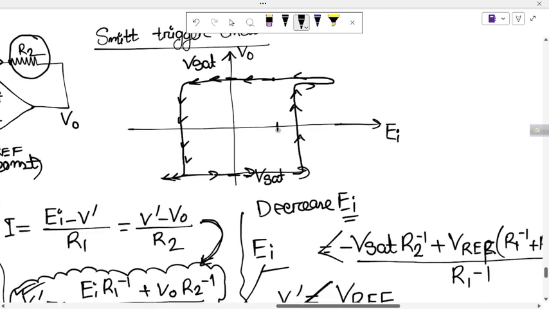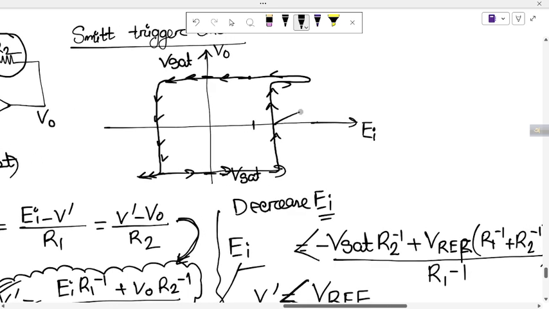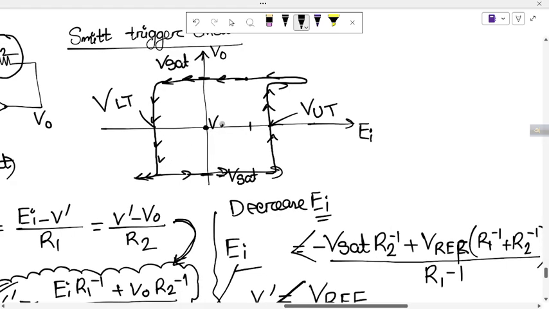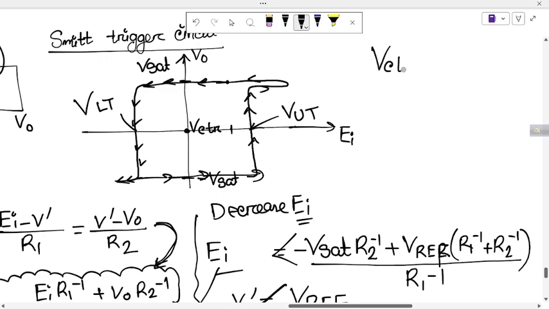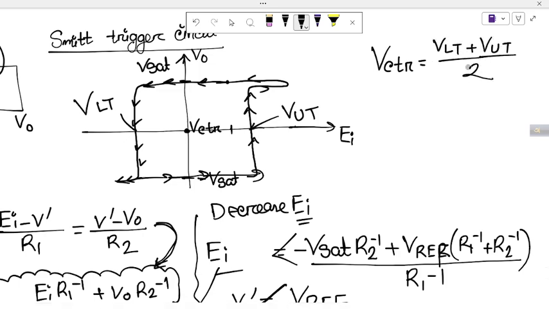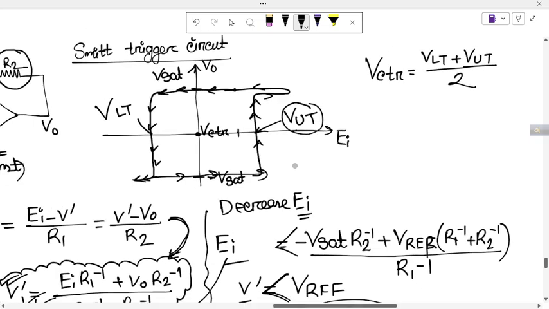So this is the hysteresis graph. This point is called the upper threshold voltage, this point is called the lower threshold voltage, and this point is called the center voltage. We get the center voltage by simply averaging the lower and upper threshold voltages.